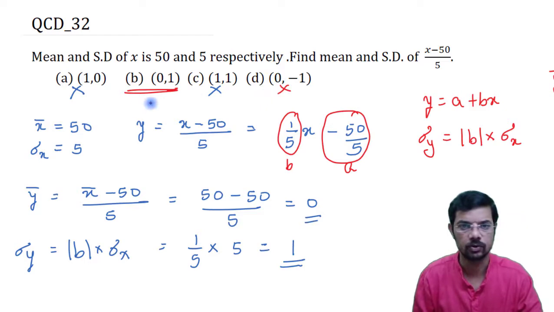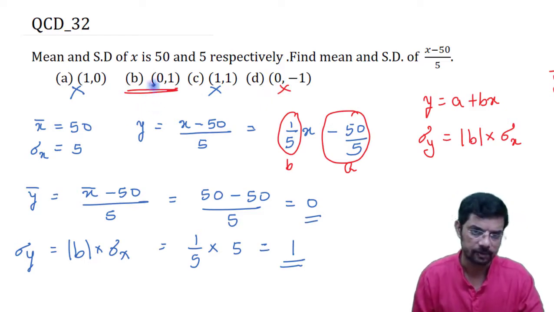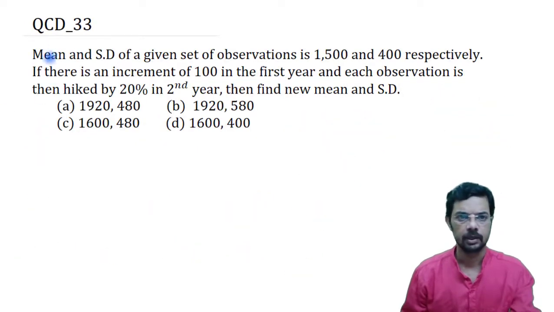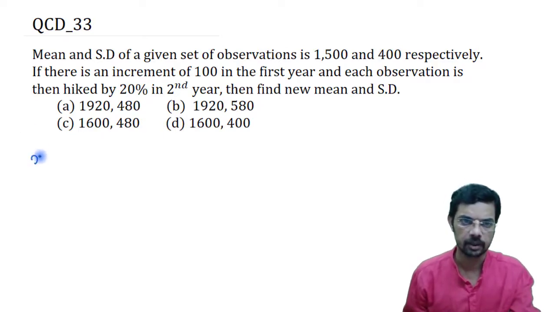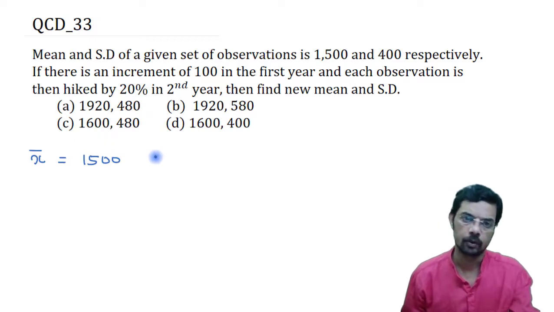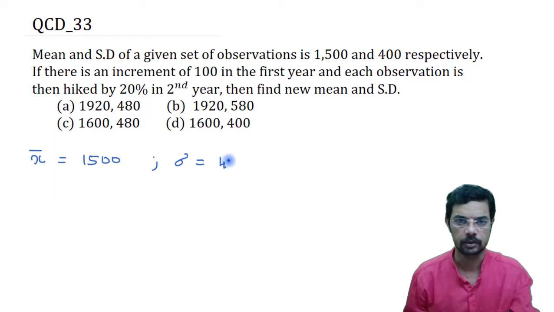Now we shall move on to question number 33. The mean and standard deviation of a given set of observations are 1500 and 400 respectively. So the actual mean x bar is equal to 1500, and the standard deviation sigma is equal to 400.